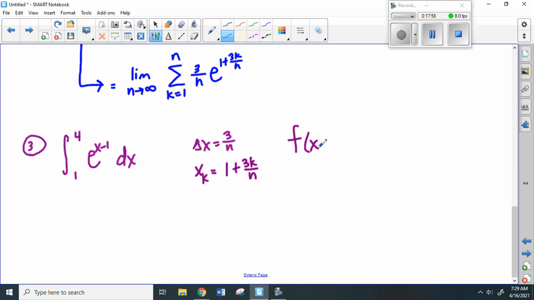But f of x is going to look a little bit different. When I plug in the 1 plus 3k over n for x, I still have to subtract 1 after that, and that simplifies a little bit. And so then the limit of the Riemann sum looks like this.